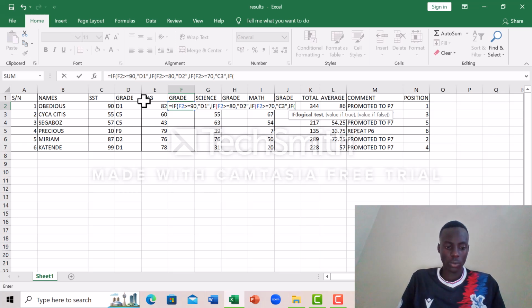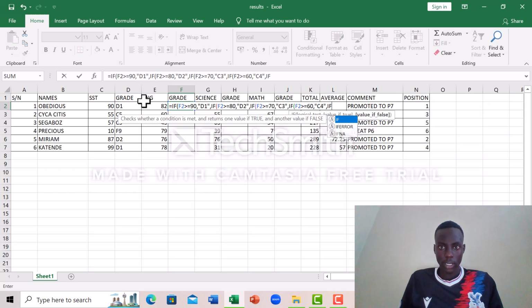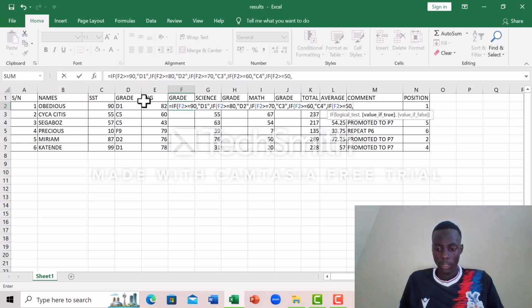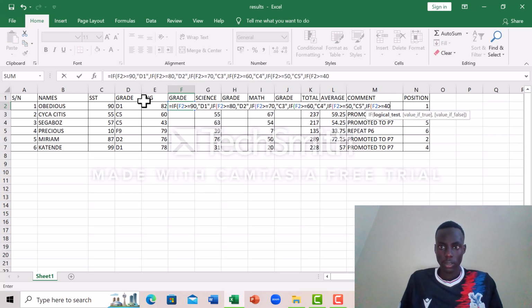So if F2 is greater than or equal to 60, comma, then give it a credit 4, comma, if, open brackets, if F2 is greater than or equal to 50, comma, quotation marks, then it's supposed to be credit 5, which is C5, close quotation marks, comma, if F2 is greater than or equal to 40, comma, quotation marks, then it's supposed to be credit 6.